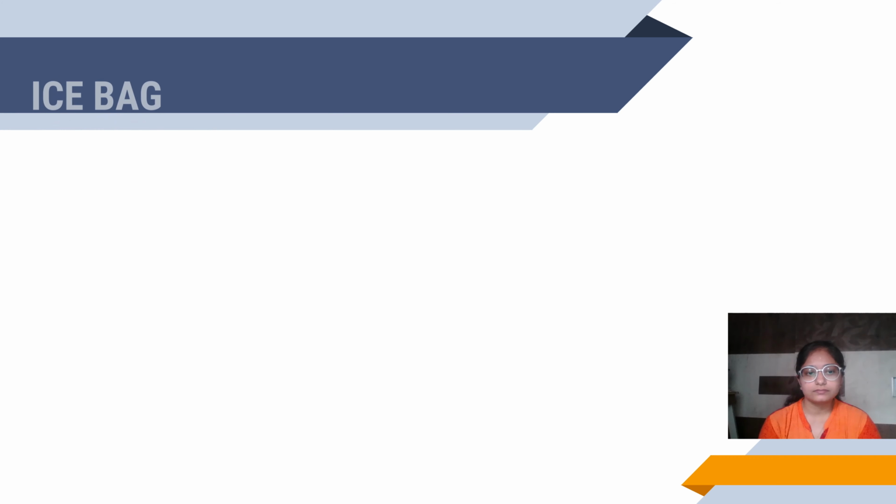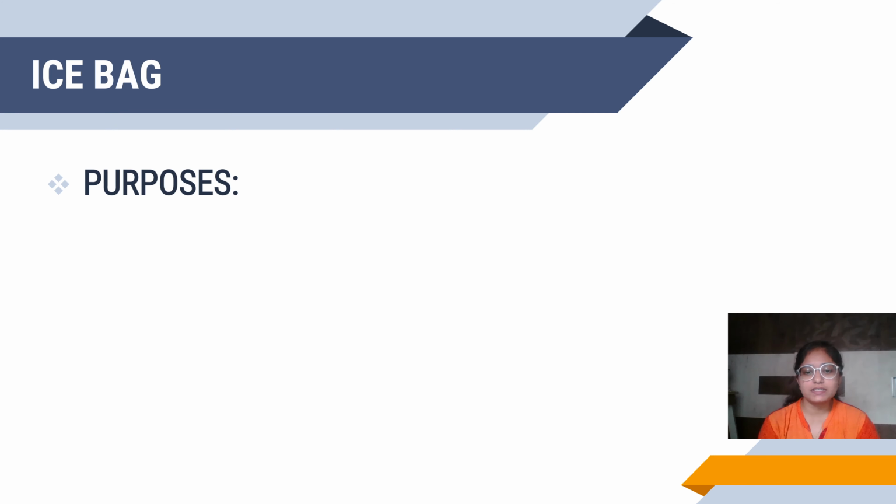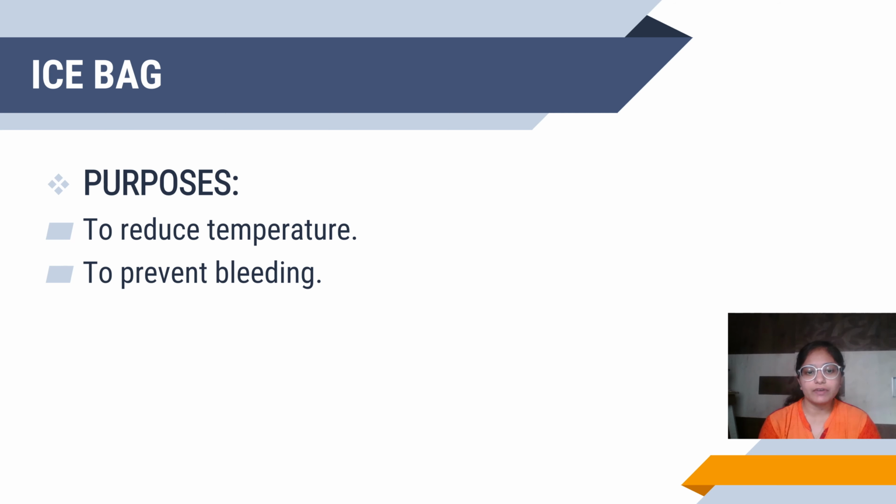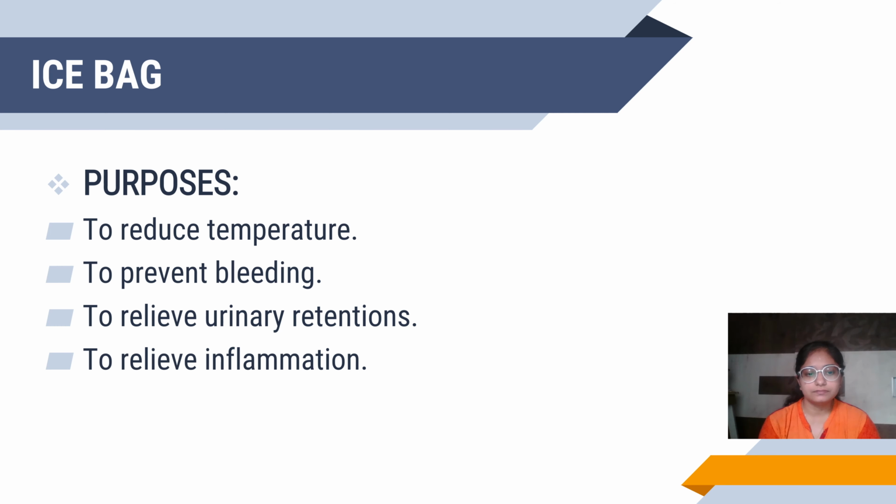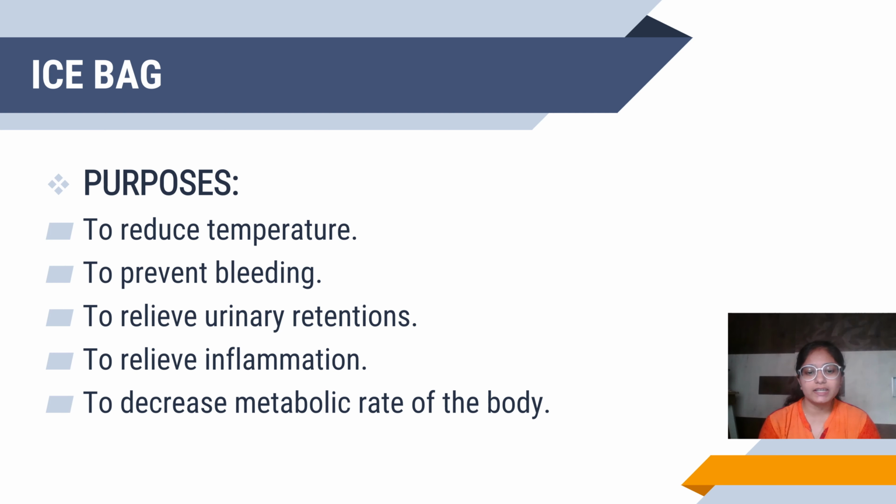Purposes of ice bag: for reducing temperature in case of pyrexia or fever, for prevention of bleeding or hemorrhage, for relieving urinary retention. Urinary retention is an inability to empty the bladder. To relieve inflammation, to decrease metabolic rate of the body.